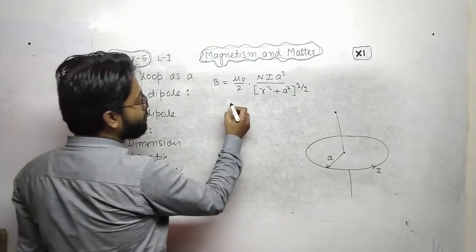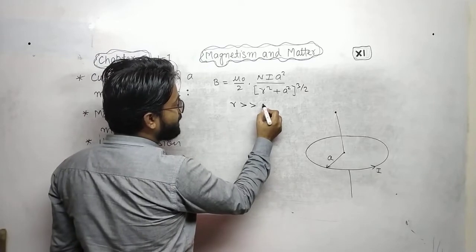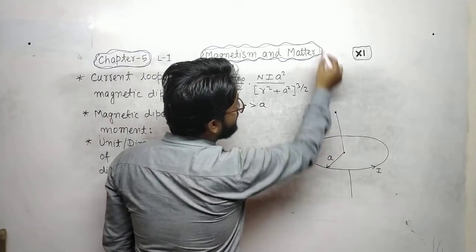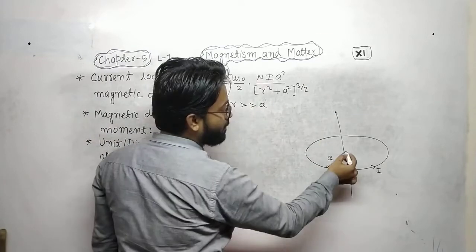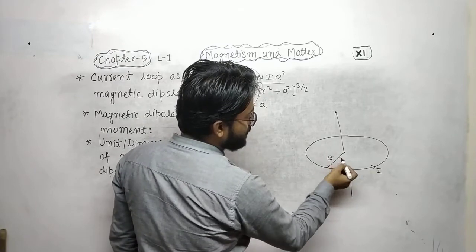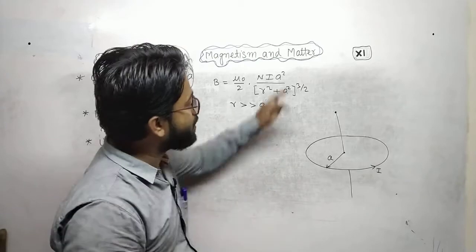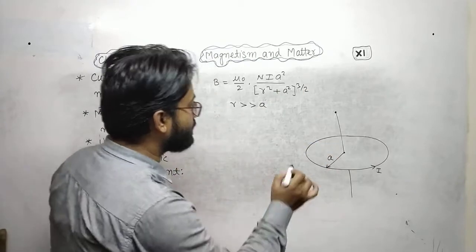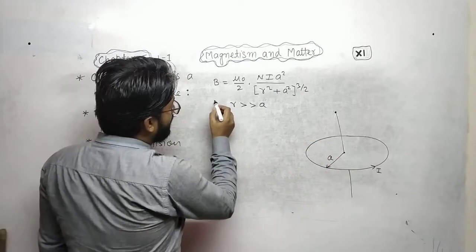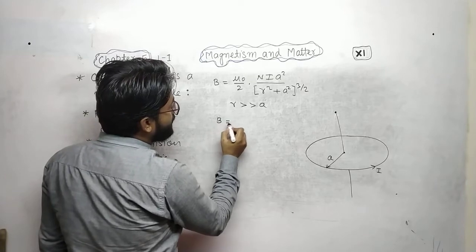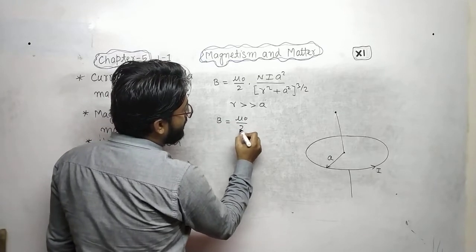If R is very much greater than A, meaning this point is far away from the center of the coil, and the radius of the coil is very small compared to the distance of that point from the center of the loop, then B is equal to mu naught upon 2.